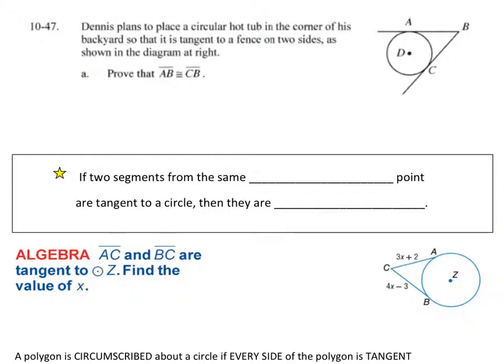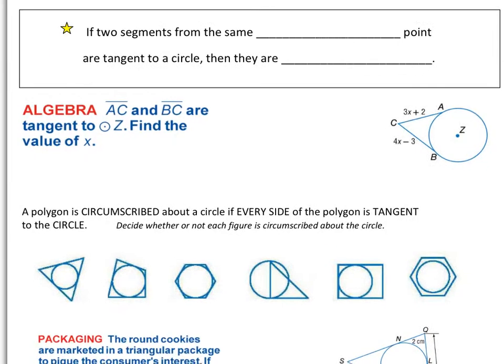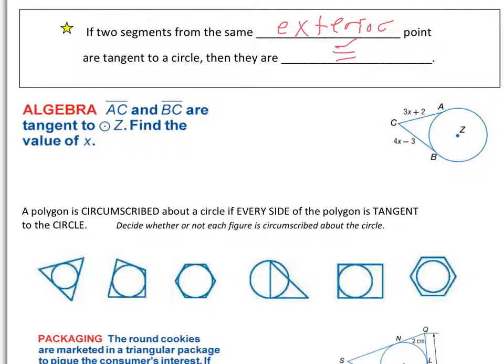All right, let's look down at this starred statement. It says that if two segments from the same exterior point are tangent to a circle, then they are congruent. What this means is, do you see this drawing, it says that AC and BC are tangent.